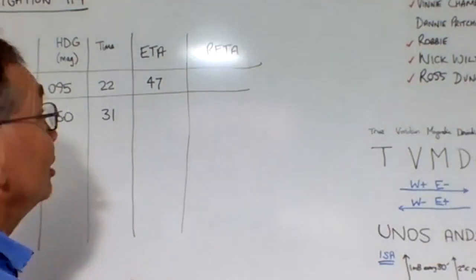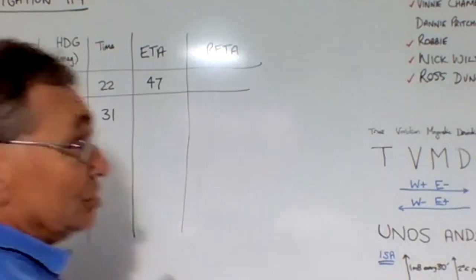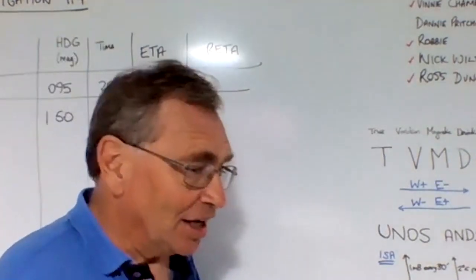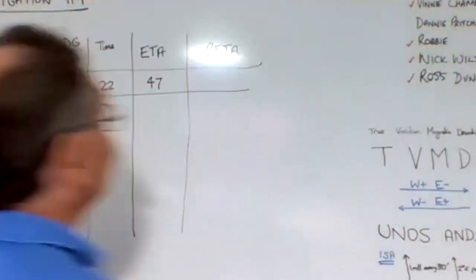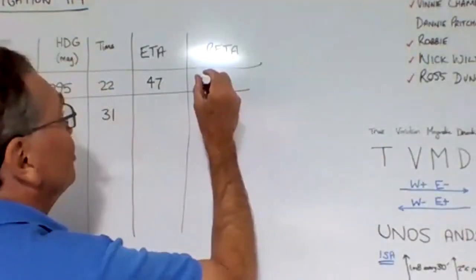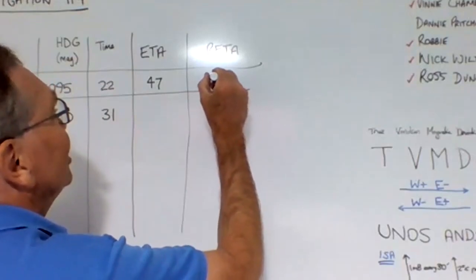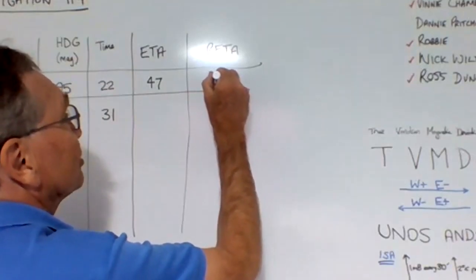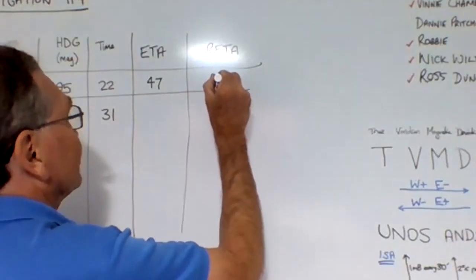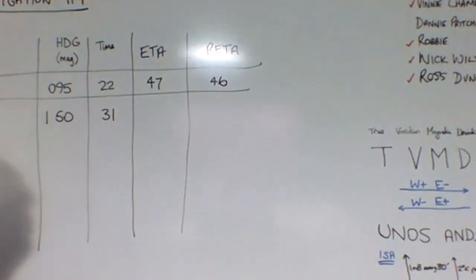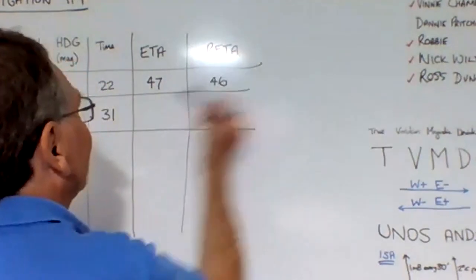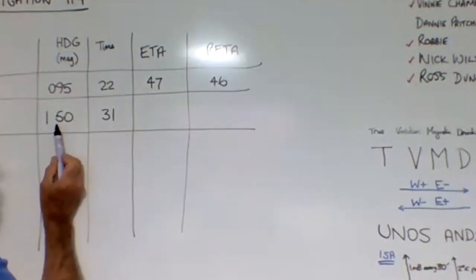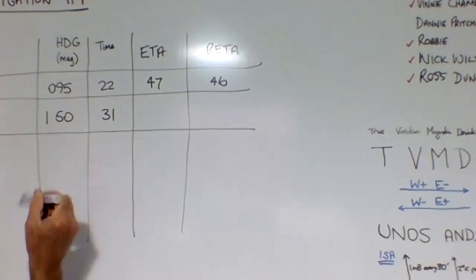When you actually get there, you write in your updated or your actual, and you'd write in there, say 4:06. As soon as you've written in 4:06 there, you turn onto a heading of 150.